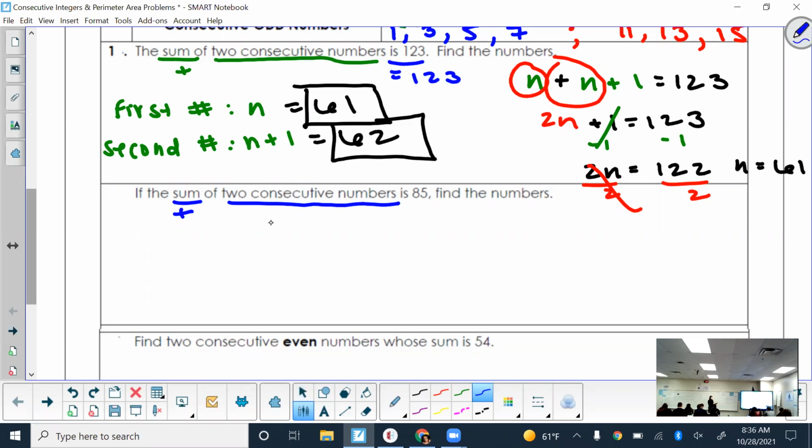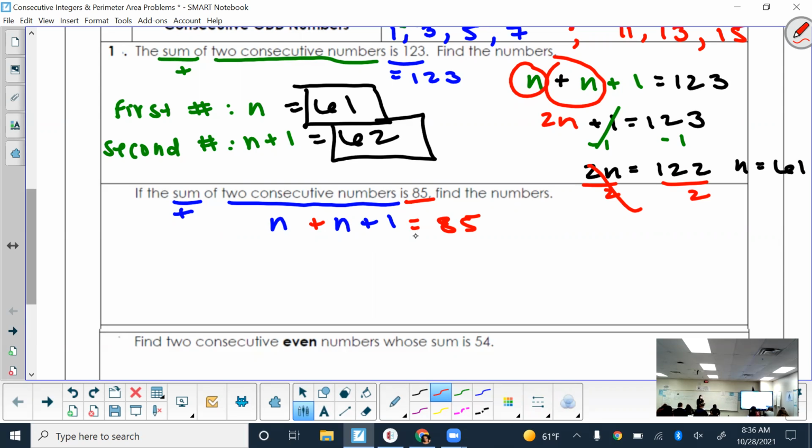And how did you label your second number? Good. If it wanted 3 consecutive numbers, what would I have to do? I would have to put n plus 2 in there also. But it just wants 2, so we're just gonna stick with this. So we're adding them together, and it equals what? Good. Questions about the setup?